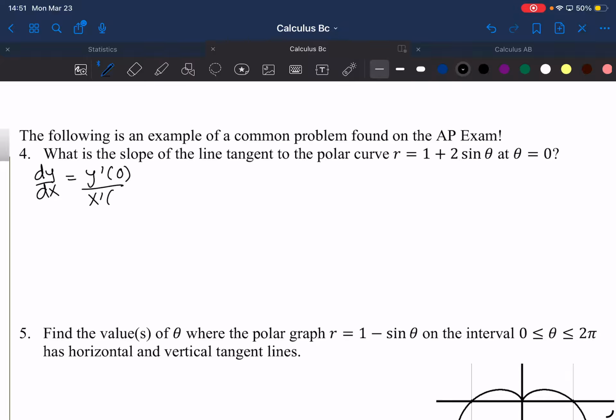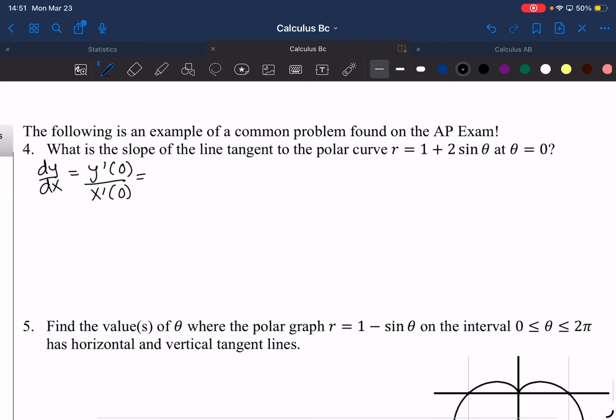So what I'm going to do first is establish the equation for y. Well, remember on the first part of the notes, we said y is equal to f of theta times sine of theta, or r times sine theta. And we're given r here. So this is going to be equal to r sine theta. We are given r, so this is 1 plus 2 sine theta times sine theta.